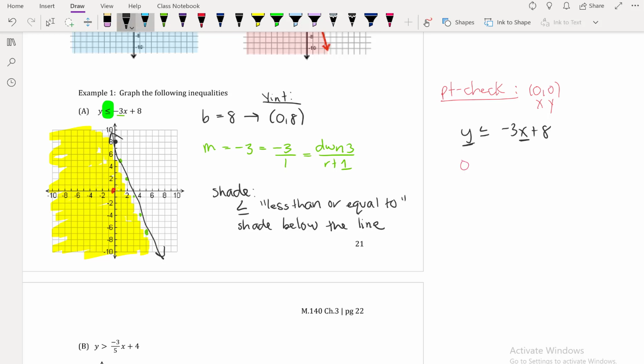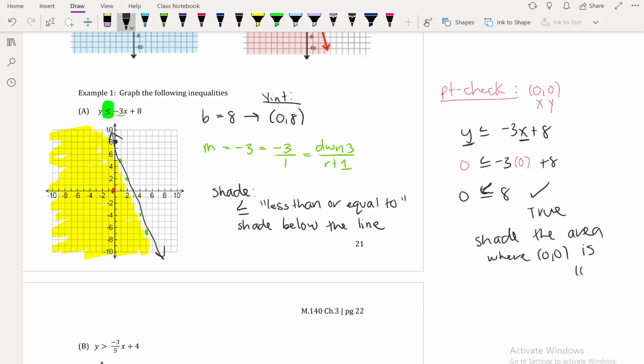So I would have 0 less than or equal to negative 3 times 0 plus 8, which would give me that 0 is less than or equal to a positive 8. So 0 is definitely smaller than 8. That's true. So if that's true, I'm definitely going to shade the area where 0, 0 is located. That is what we're going to have.